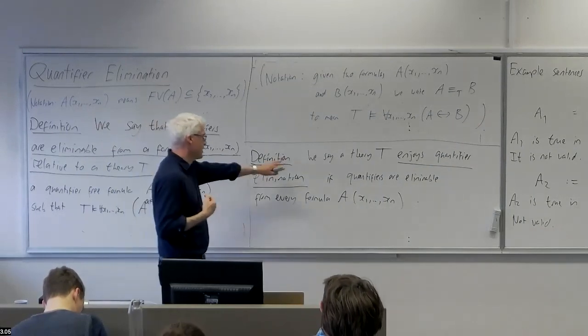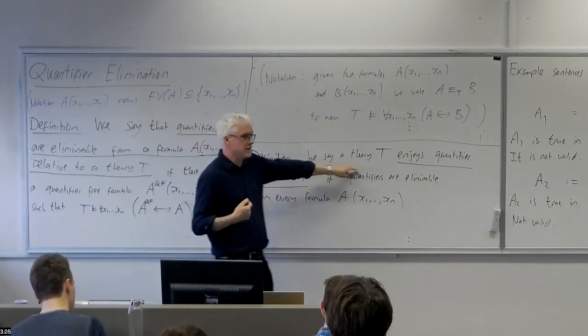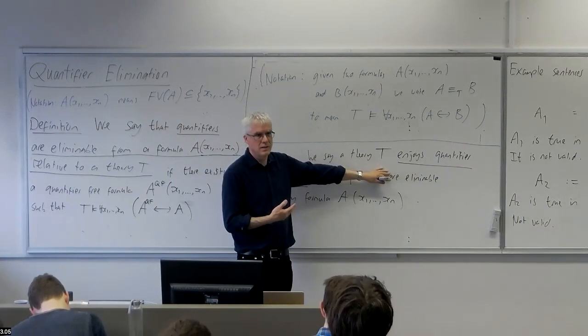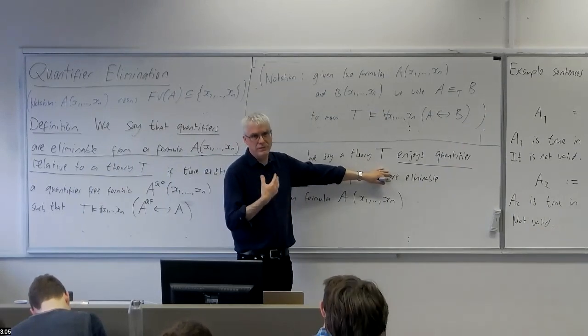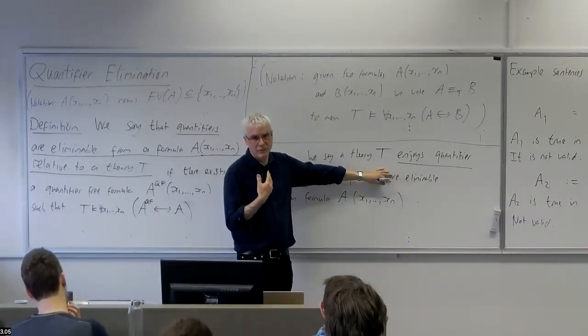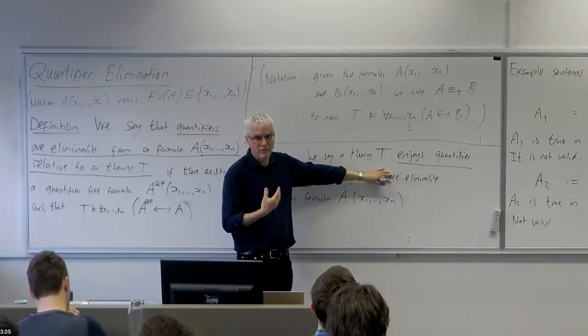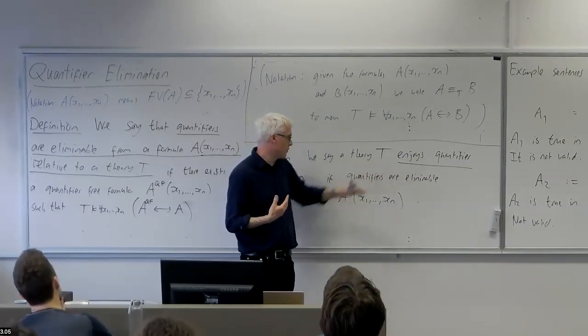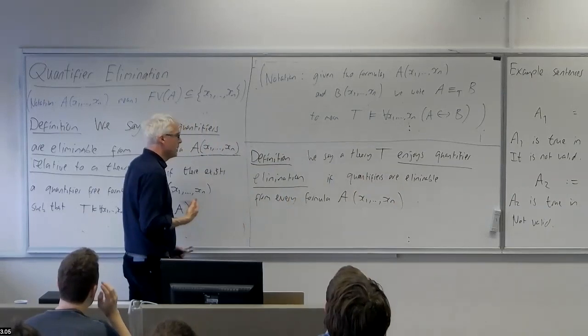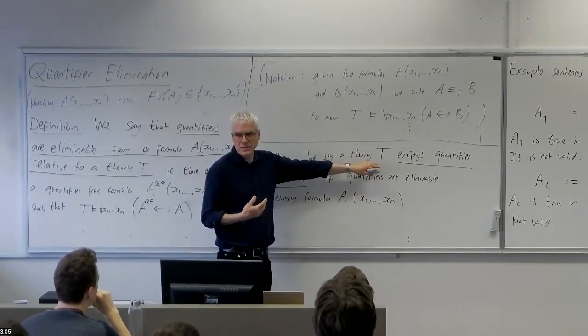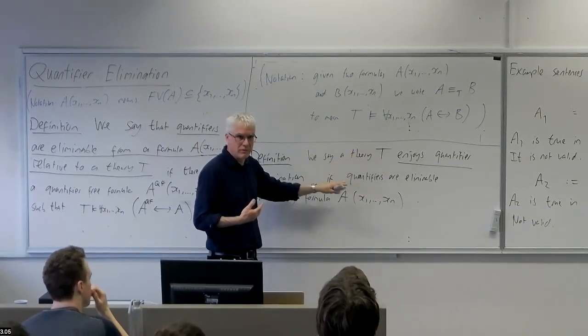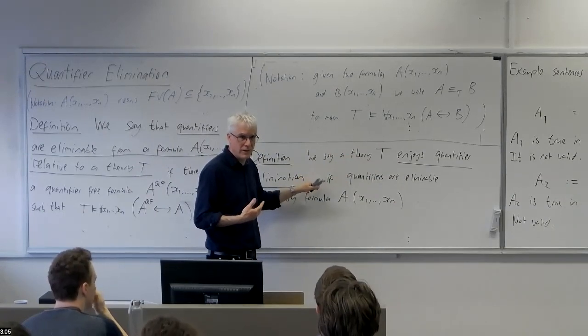So the other slightly subtle point here: a theory is a set of sentences, so there are no free variables in the formulas occurring in the theory itself. But for the theory to enjoy quantifier elimination, we're not just stating a property about sentences, we're stating a property about formulas that contain free variables.